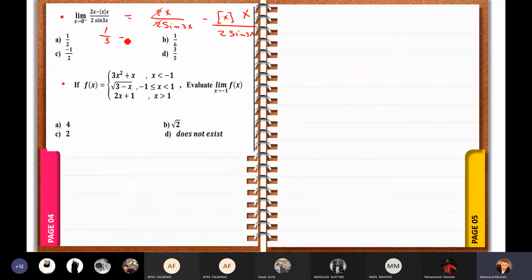Now we have minus here. This one is -1. X over 2 sine 3x is 1 over 6. Negative means positive. If you calculate this one, it will be 1 over 2.